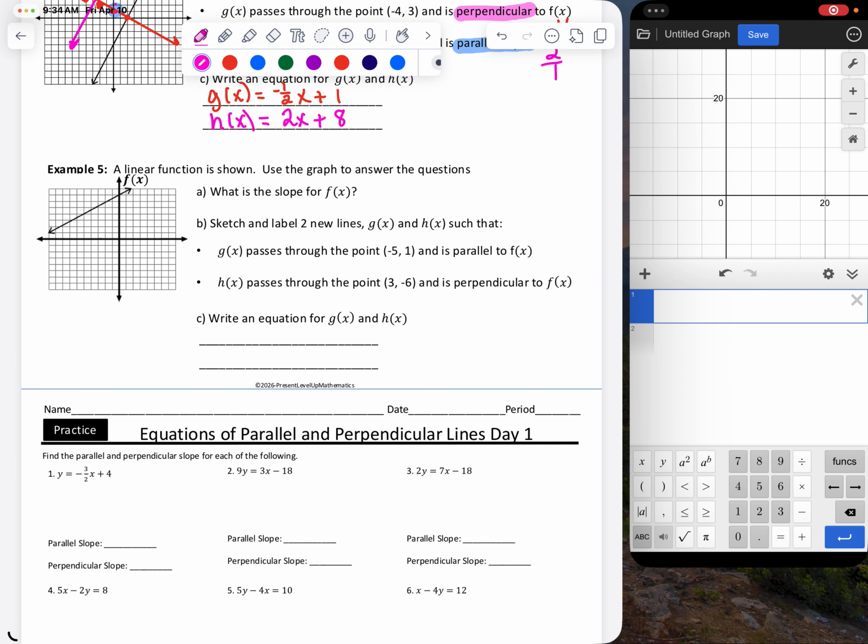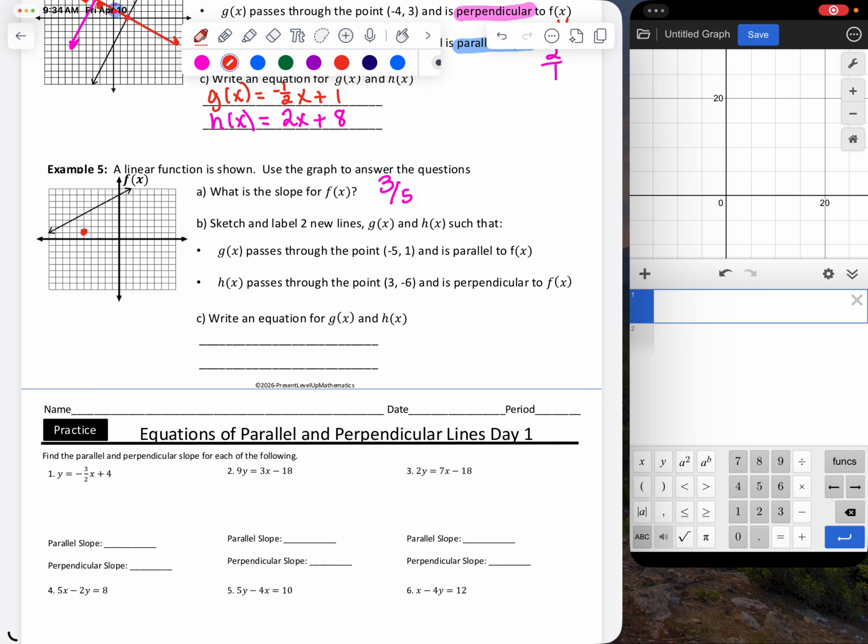So I got the slope of the original line to be positive 3 over 5. Then I sketched g of x. Let me change to red here. G of x passed through the point negative 5, 1, 2, 3, 4, 5, 1, right there. And it is parallel to f of x.